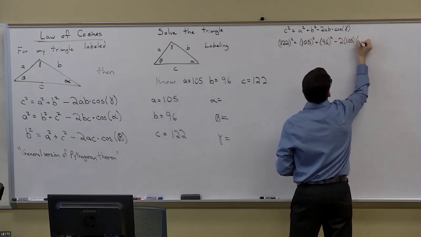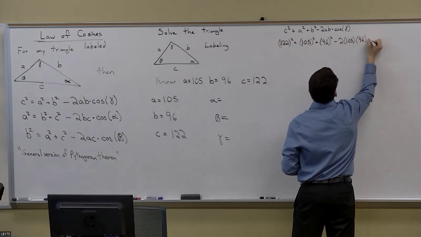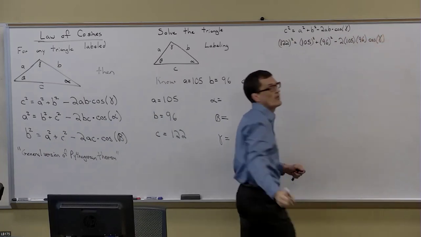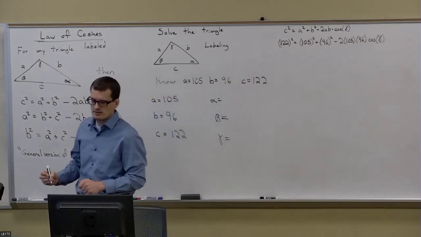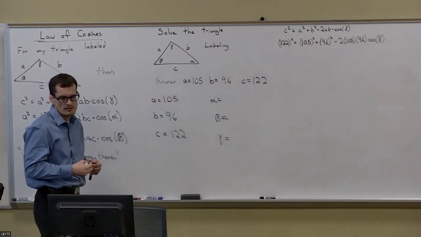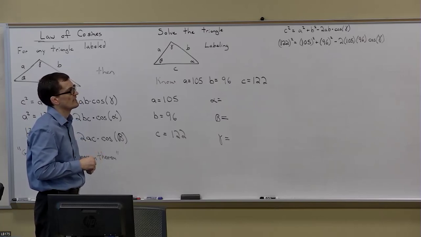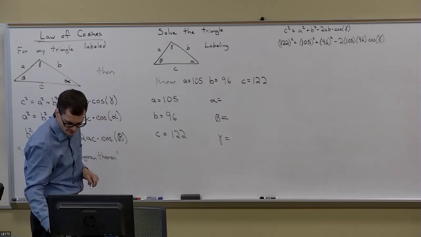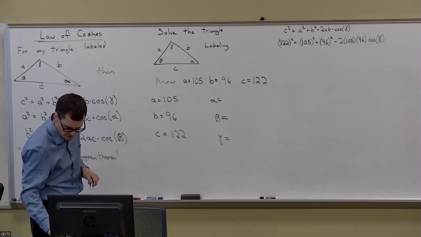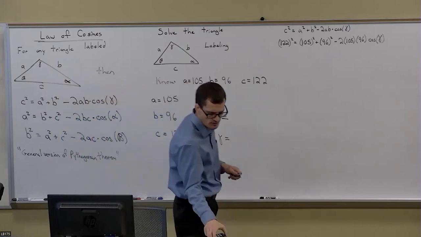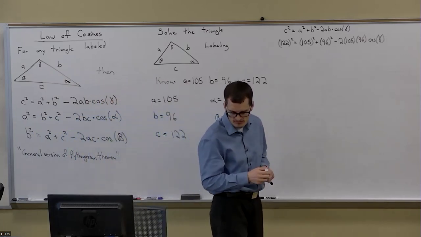B again is 96. And now I'm gonna do some calculations. 122 squared is 14,884.